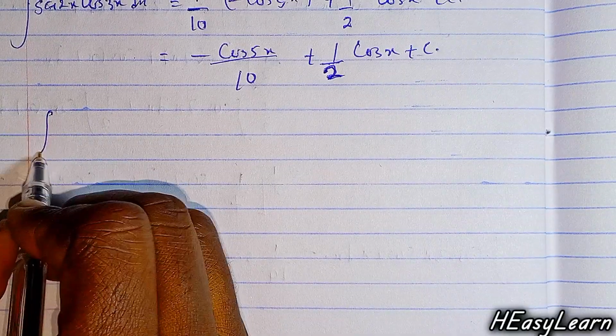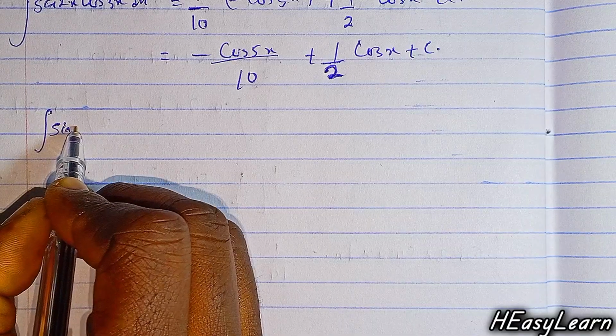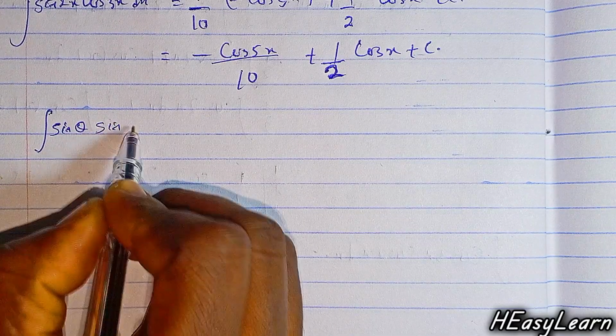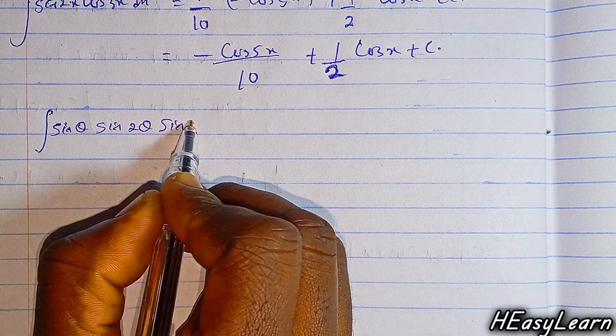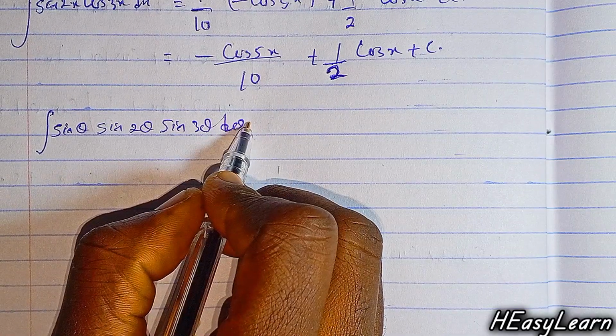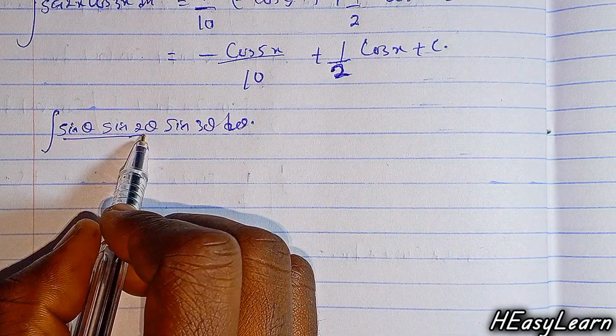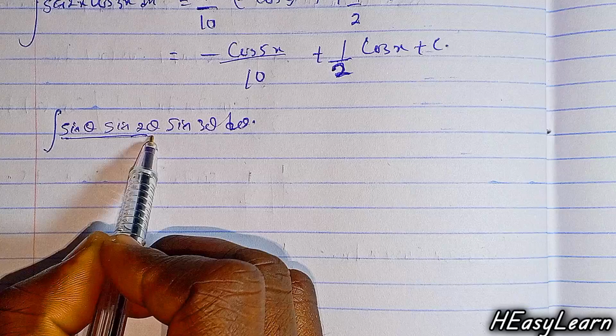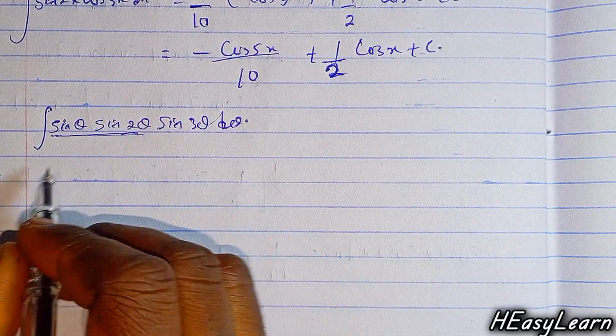integration. How to integrate the integral of sin theta sin 2 theta sin 3 theta d theta? In this case, we have to use equations 1, 2, 3, and change it again.